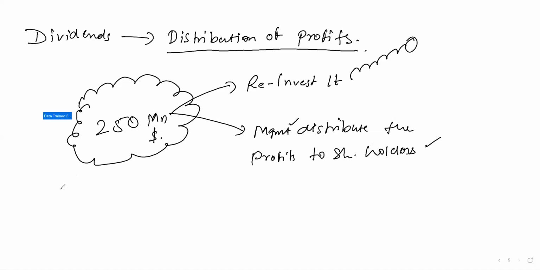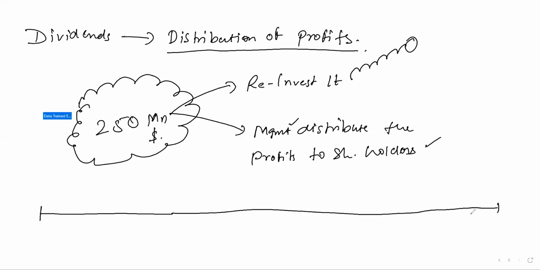While deciding dividends, there are a few important dates and terminologies that one should know about. This is called the timeline of dividend payments. So the first one is the announcement date.